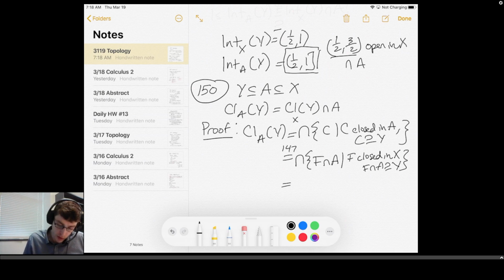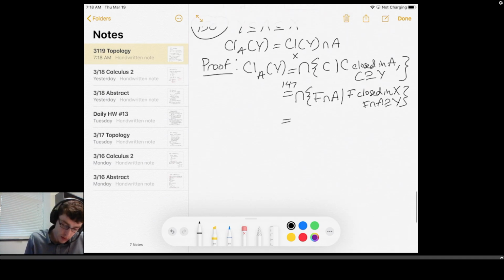And so that's the real thing that I want, because I want closed sets in X containing Y to talk about the closure there. So this is F intersect A such that F is closed in X and F contains Y.